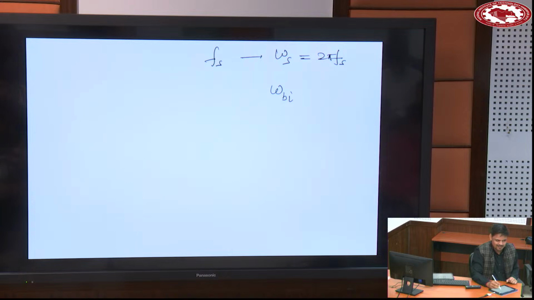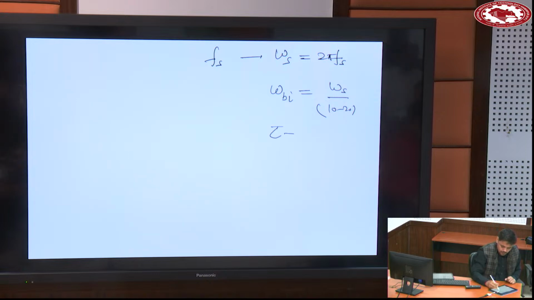I will let you know what this is, and keep it as omega s by 10 to 20, depending on your choice. Divide omega s by 10 to 20, 10 to 50, does not matter much.